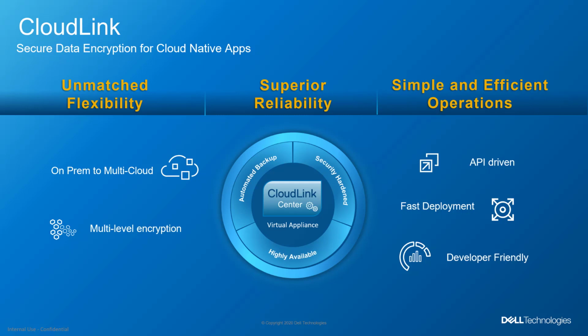Comprehensive environment support that includes bare metal, virtualized, and containerized workloads across public and private clouds simplifies and streamlines security workflows. CloudLink ensures superior reliability with highly available key management and backup capabilities. CloudLink is the essential tool for securing your critical data, wherever it lives, simply, flexibly, and reliably.